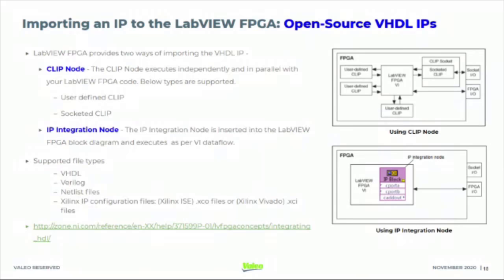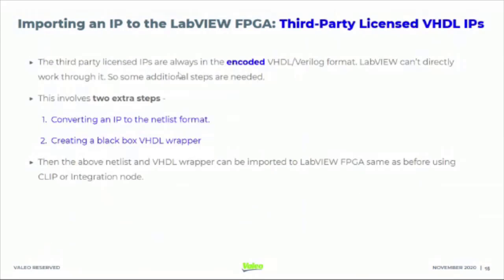Now, third-party IPs. Typically, the IPs that you get from the vendors will not be open source, so you will not see the VHDL or Verilog code in there. Those are typically encoded by their proprietary algorithm.